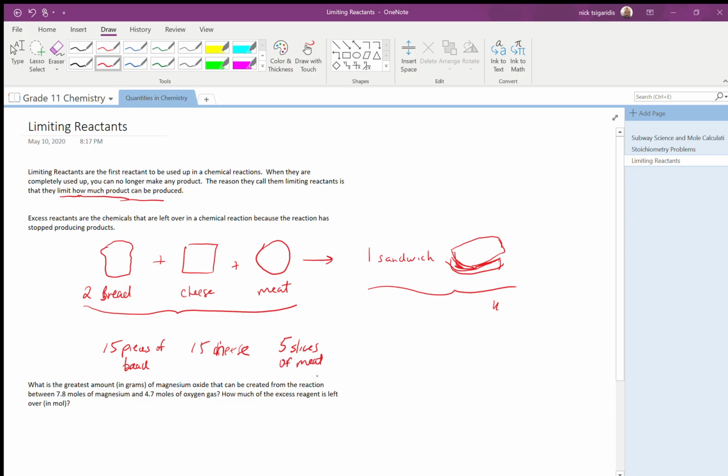And I ask you now, how many sandwiches could I make given this amount of reactants?